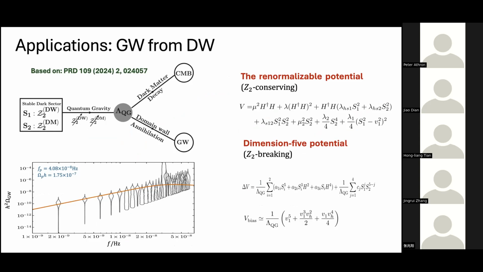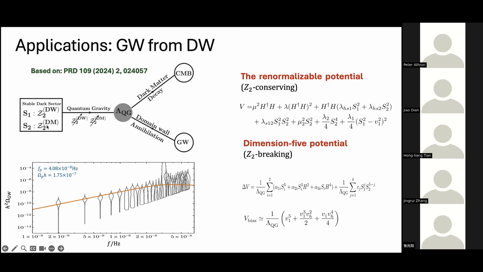So what we did here was we considered a stable sector which had two scalars, S1 and S2. S1 is considered to be odd under one Z2, one discrete symmetry, and we call it Z2 domain wall. S2 is odd under a different Z2, and we call it Z2DM.